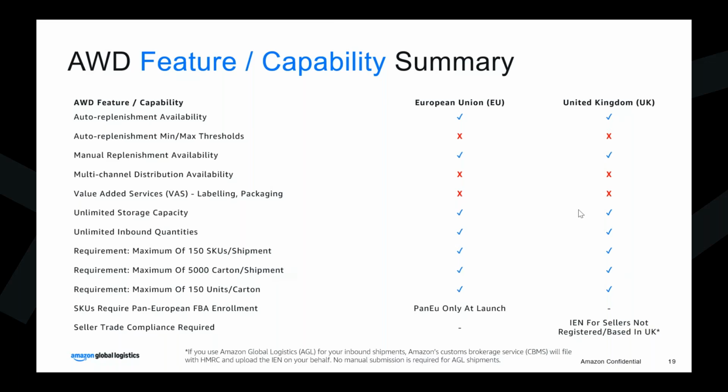I would say here that you're usually on the safe side if you're packing everything the same way as when it goes to the fulfillment center. So you're getting labels when you're creating a shipment to AWD. You put the labels the same way that you put them for the fulfillment center, and stick to the requirements that you're using when you're sending straight to the fulfillment center.